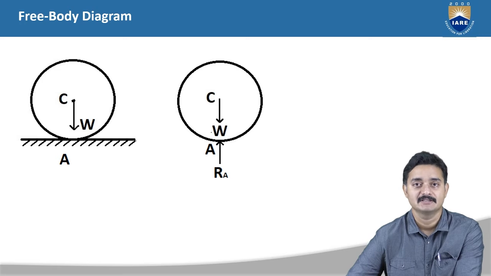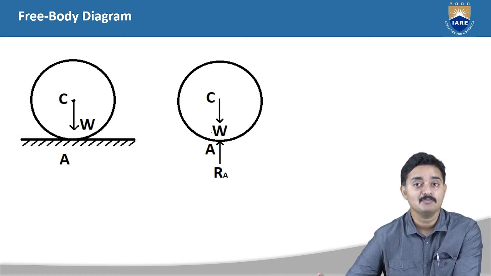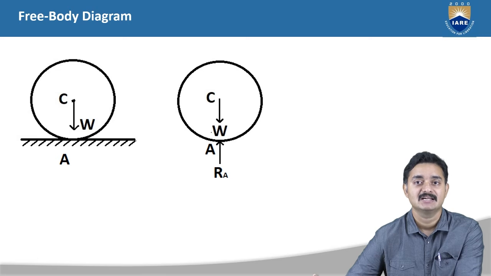For example, let us consider the figure from the previous topic. Here, the surface is the support for the ball. By removing this support, we have shown the reaction offered by the support at point A as RA, drawn normal to the body, that is, the ray drawn here is perpendicular to the support.